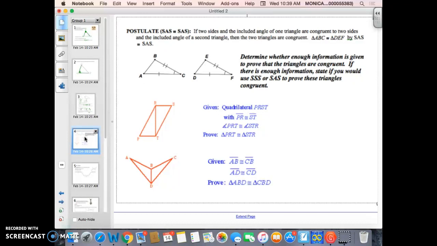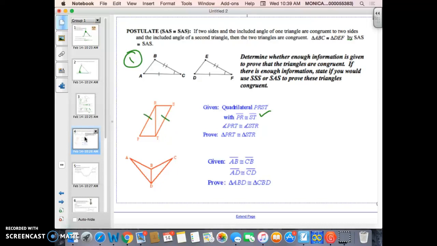Okay? So there's a couple different ways that we're going to see this picture. Number one, you'll see the picture that looks like this, where literally everything's just blatantly obvious and it's marked for you. We might see this situation. So let's see what's given. We've got this quadrilateral with two triangles inside of it. PR is equal to ST. So let's go ahead and mark that.